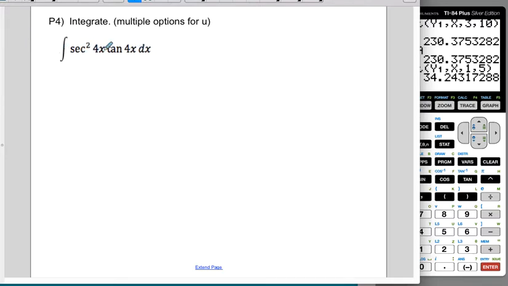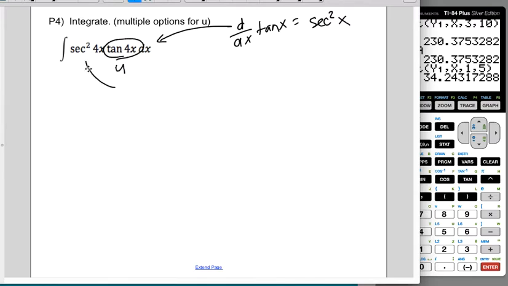So when you look at this, the first thing I want your brain to realize is that when you differentiate tangent of, let's say, x, you get secant squared of x, right? So here's what I want you to notice. If you chose this to be your u, then this would be a multiple of du, right?